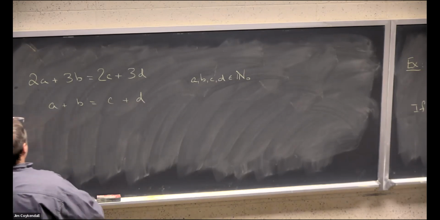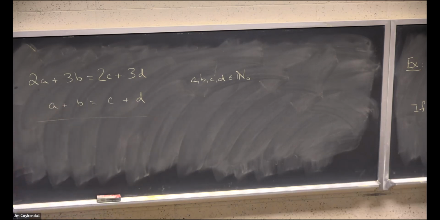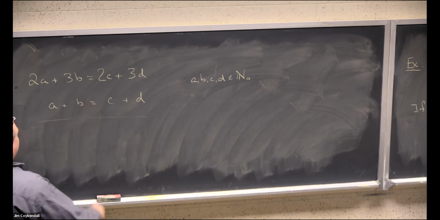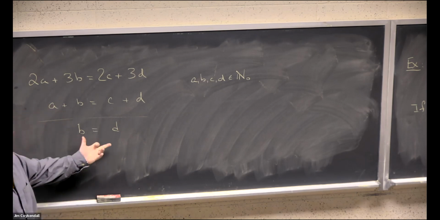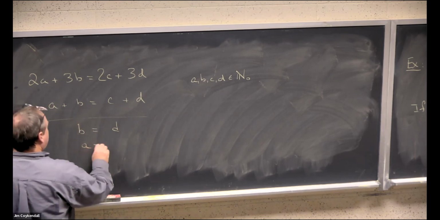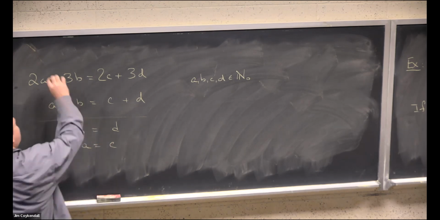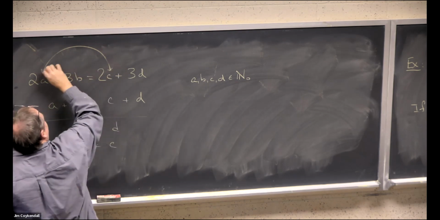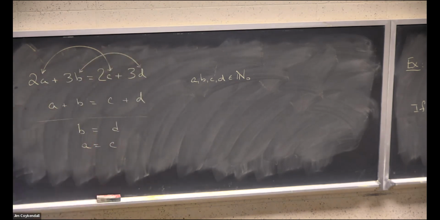Well, multiply this by 2 and subtract, and please let none of my linear algebra students walk in here now. Times 2, subtract, and I get b is equal to d, right? And once you've got b equals d, then this gives that a equals c. And so a equals c and b equals d, so the factorizations are the same.